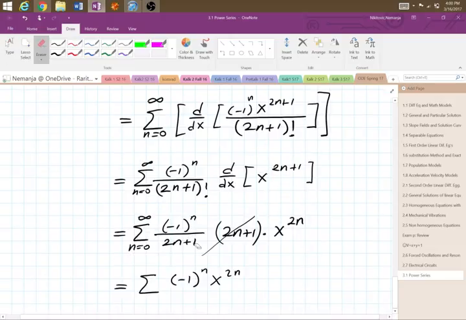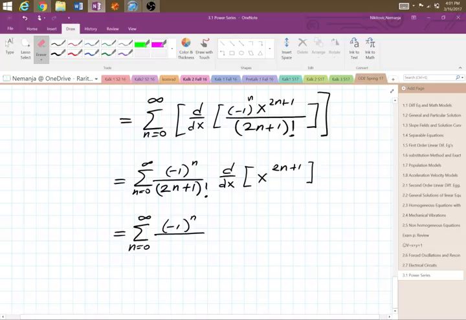Let me redo this part here so it's easier to understand. So this is going to be 2n plus 1 times 2n factorial when I peel off the first one. There we go. And now 2n plus 1, and then x to the 2n, because we took away 1 after differentiation, then these guys die, and you have this.